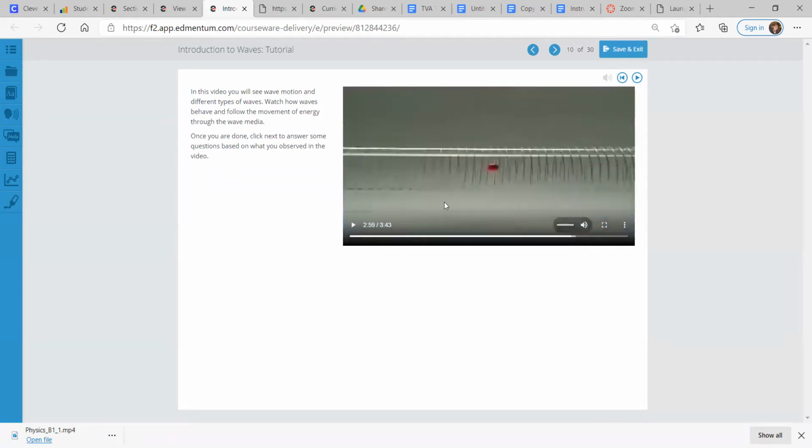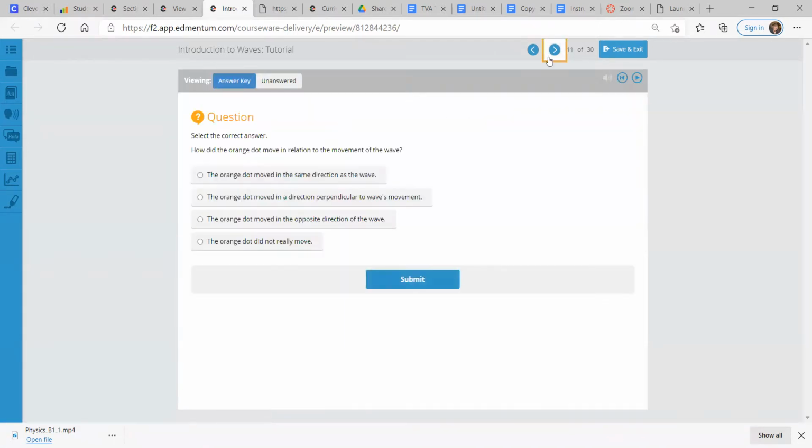But I don't think I can show this video in my video. I have to upload it to the Canvas. But all it is showing you is how waves are actually moving. And in it, there's this orange dot moving along while you're watching the wave.